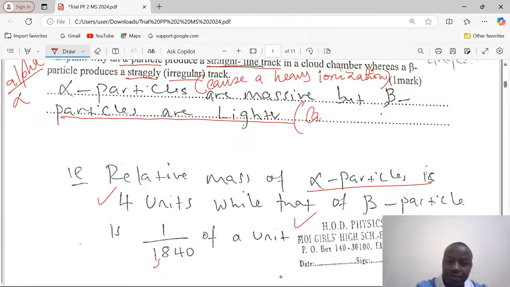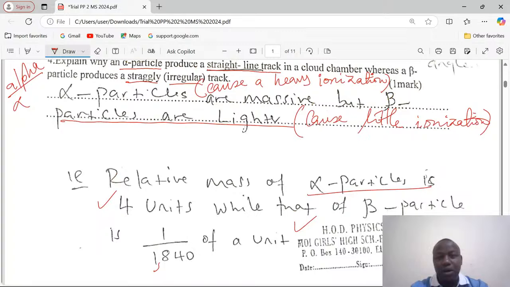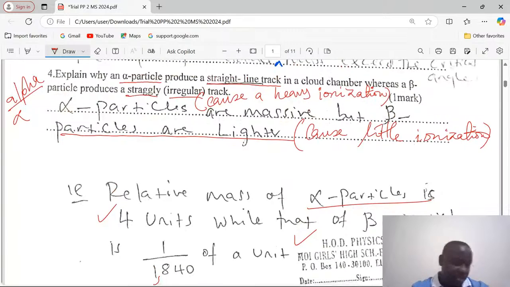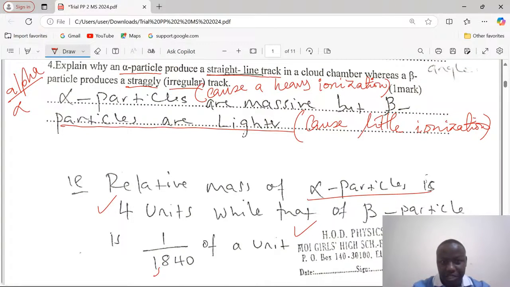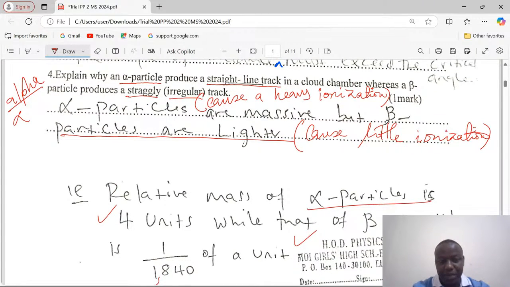These ones lead to less ionization. So the ions now are the ones to form the tracks. They are the ones to form the tracks. That is why the tracks by beta particles are irregular.